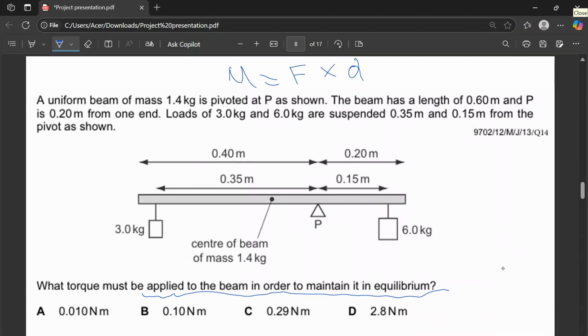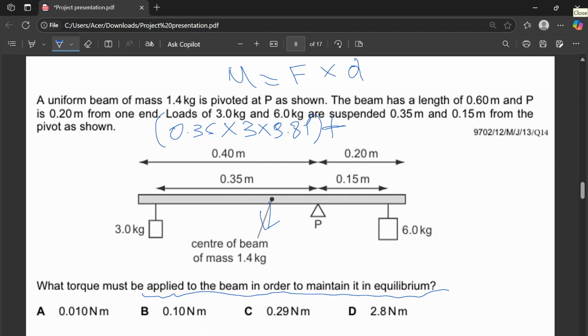So now we need to multiply 0.35 meters times the 3 kilograms times 9.81, because we need to find the force, so we use the formula of the weight. As you can see, there is also the mass of the beam, so we will use this also.